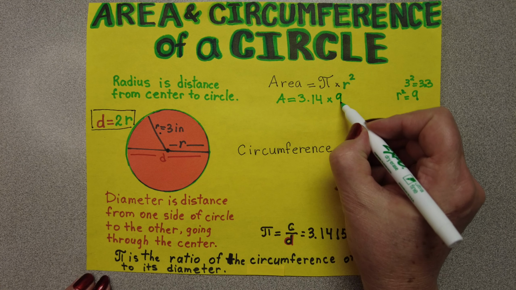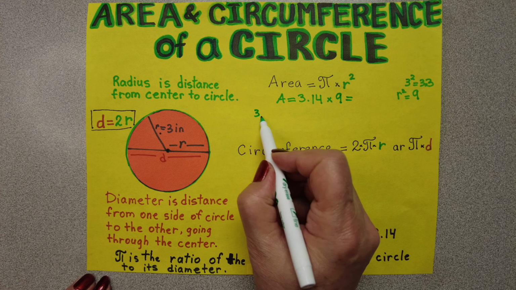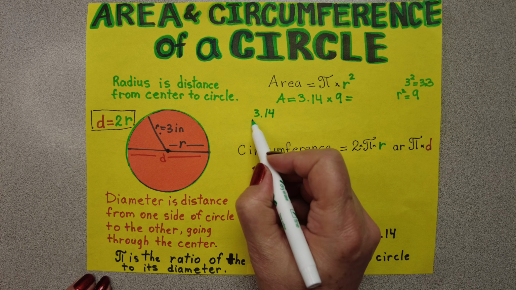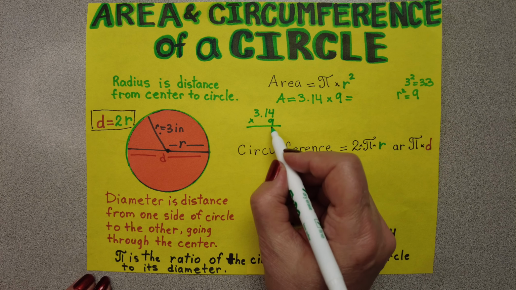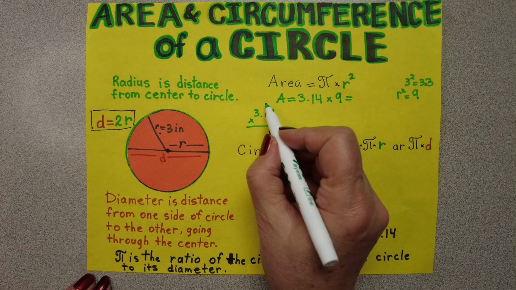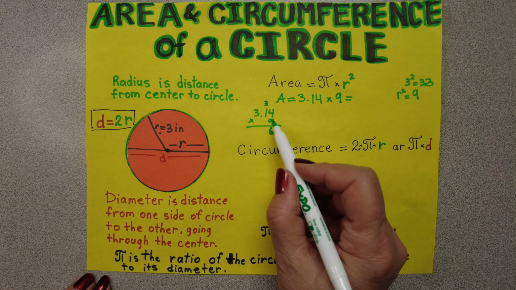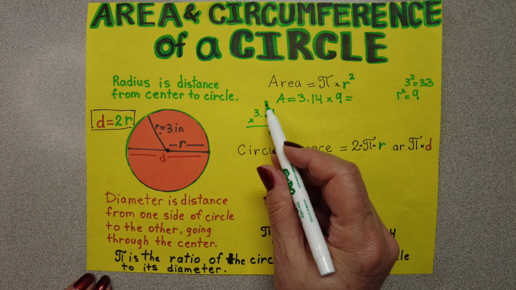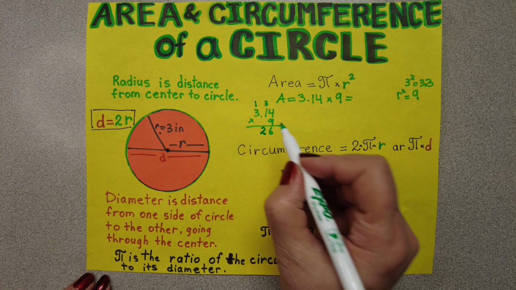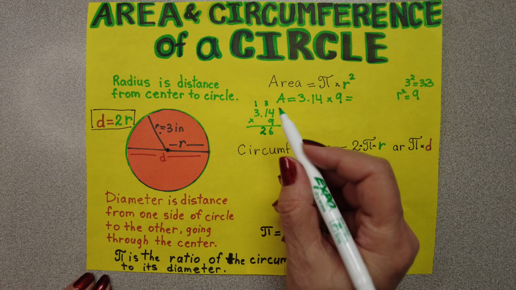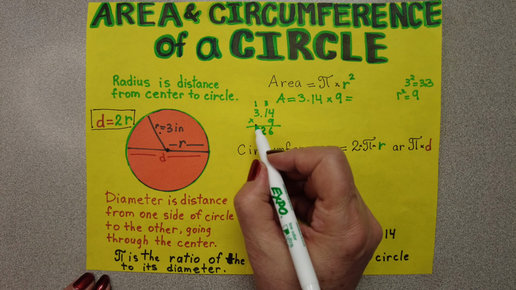We put 9 here and let's multiply 3.14 times 9. 9 times 4 is 36. We put 6 here and 30 goes to the tens place value. 9 times 1 is 9 plus 3 is 12. We put 2 here and 1 goes here. 9 times 3 is 27 plus 1 equals 28.